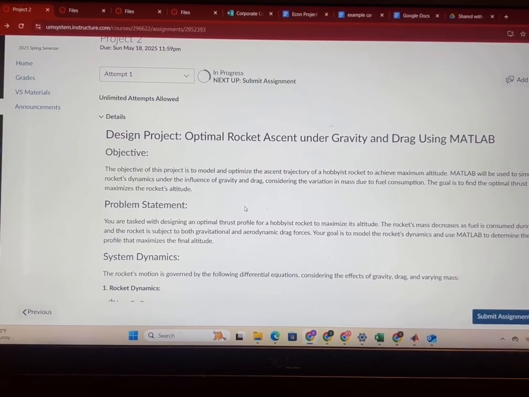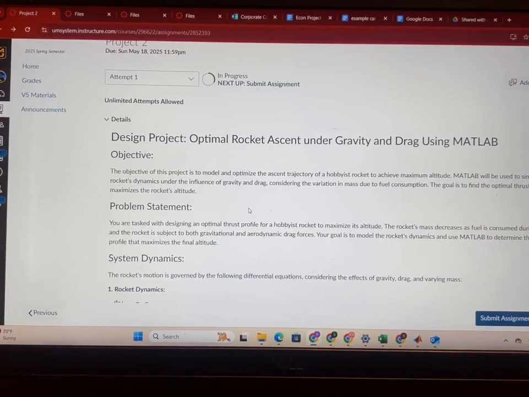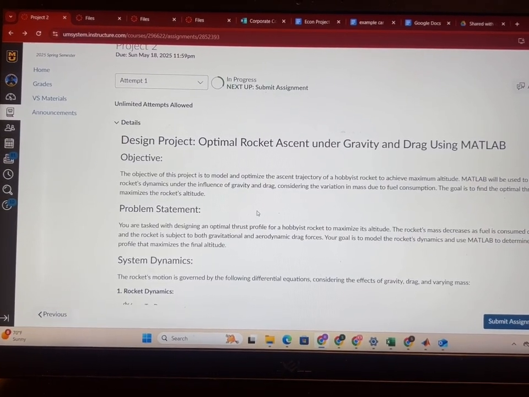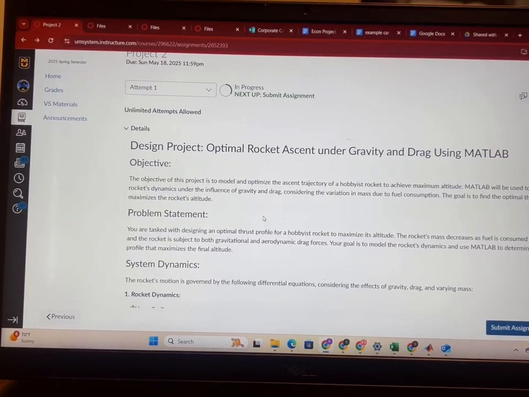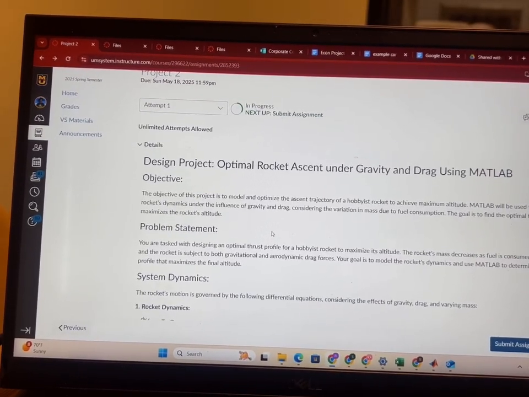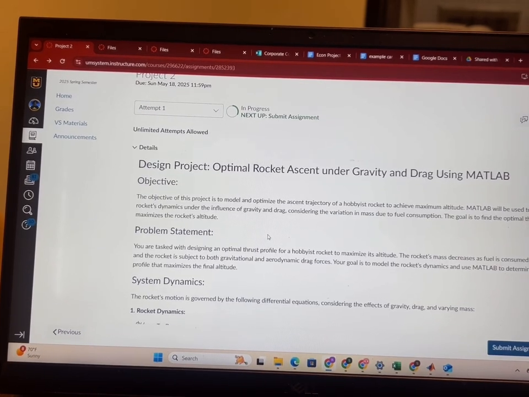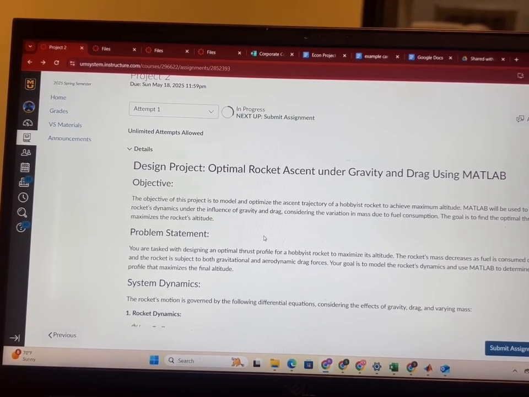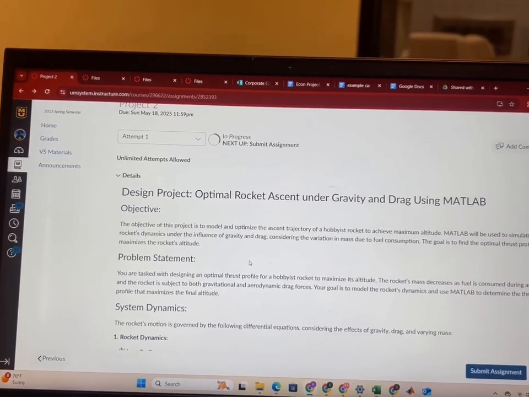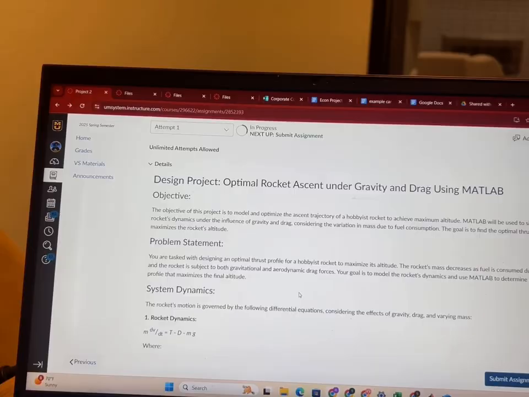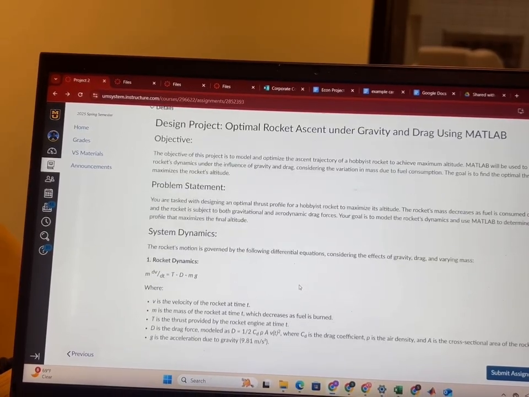We want to simulate it under the influence of gravity and drag, and also consider the variation in mass due to fuel consumption, because the mass will decrease as the fuel burns out. The goal is to find the optimal thrust profile that maximizes the rocket's altitude.